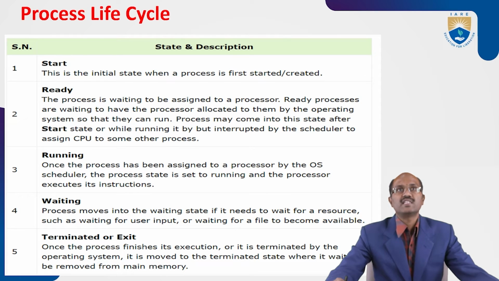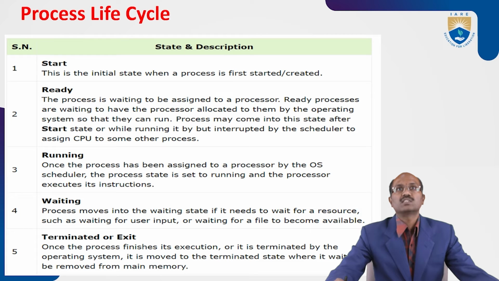The next state is the ready state. This process is waiting to be assigned to a processor. Ready processes are waiting to have the processor allocated to them by the operating system so that they can run. A process may come into this state after the start state, or while running but interrupted by the scheduler to assign the CPU to some other process.